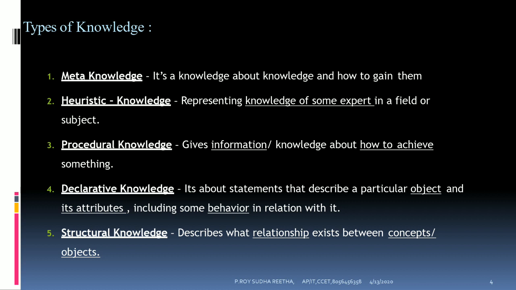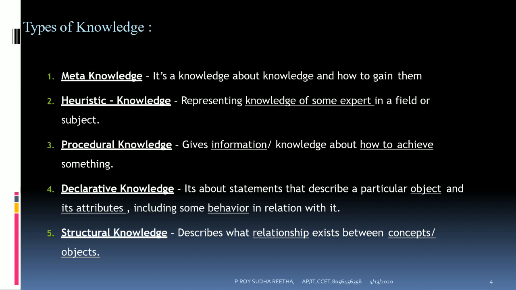The next one we are going to see is declarative knowledge. Whenever the term declarative comes, it refers to objects. Before, we have seen that an object is a real world entity. Declarative knowledge tells what an object is, what its attributes are, and what its behavior is in relation to it.